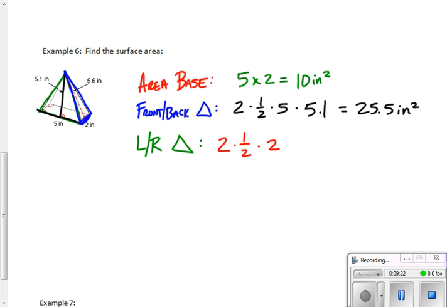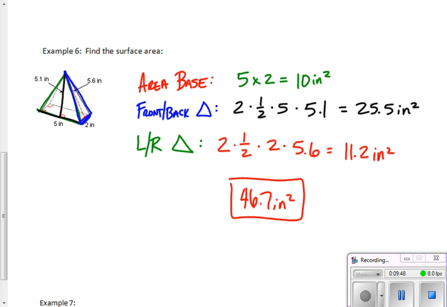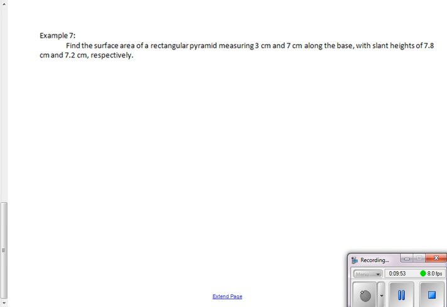The base of that blue face would be 2 by 5.6, and we come up with the area of those faces would be 11.2 inches squared. To find out that total surface area, add them all together, so all 5 faces together, giving us a grand total here of 46.7 inches squared would be the surface area of this rectangular pyramid.